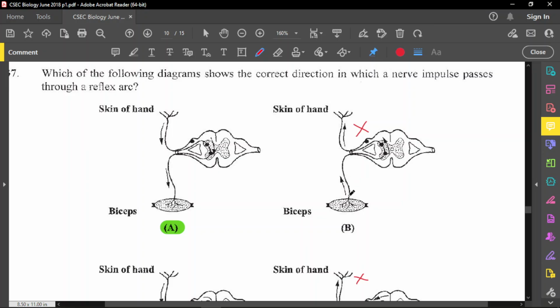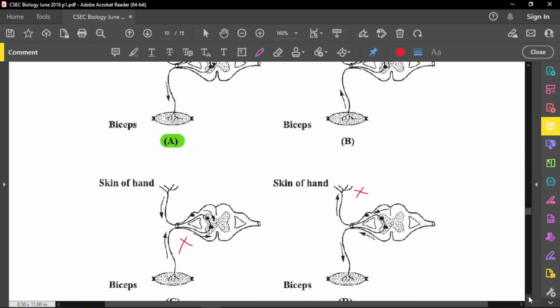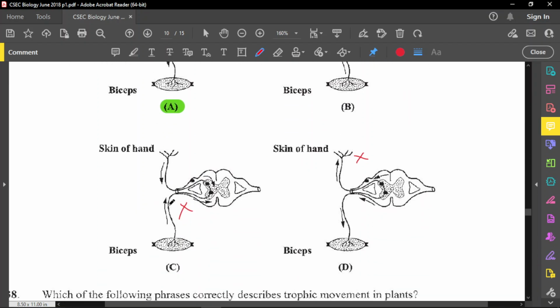Going to the bicep, it should go down, so B is wrong because of the direction of all the arrows in B; they are incorrect. For C, this arrow here is incorrect, and for D, the top arrow is incorrect. You should be going down rather than going in from the skin into the spinal cord. So anyway, A is the correct option.